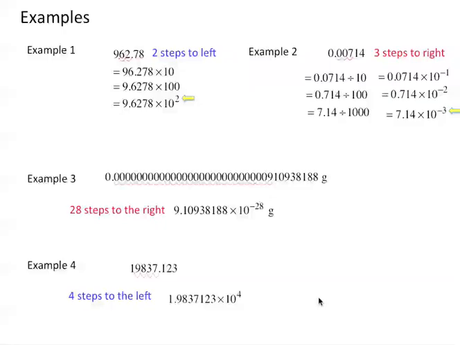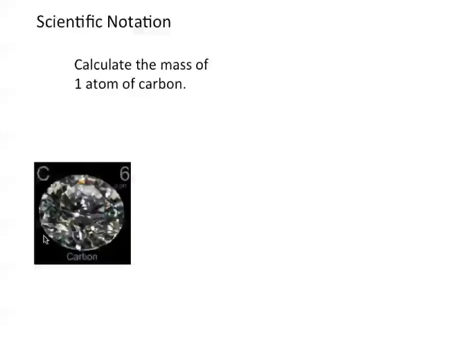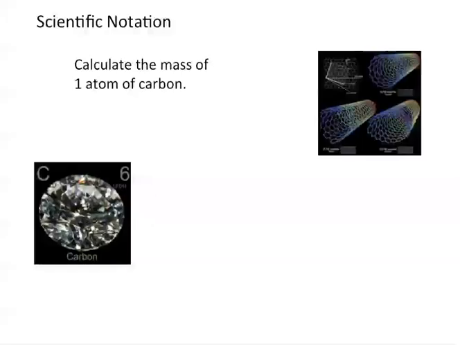All right, let's just look at a quick example. If you were asked to calculate the mass of 1 atom of carbon, and this is what carbon looks like. It's often found on a ring or underneath people's chairs. But this is carbon. Diamonds are made of carbon. Carbon nanotubes, very cool and useful if you want to build a space elevator.